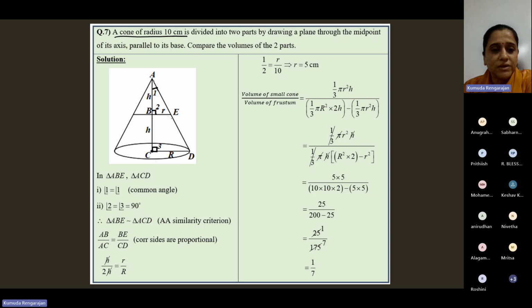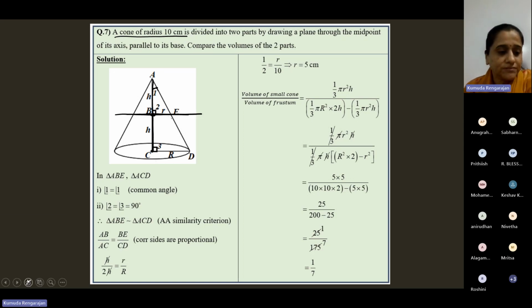So midpoint of the axis meaning this is the height of the cone, this is the midpoint of the height, and this is the plane going through the midpoint of the axis. Axis is the perpendicular height of the cone. So through the midpoint of the axis, there's a plane which cuts the cone into 2 parts.